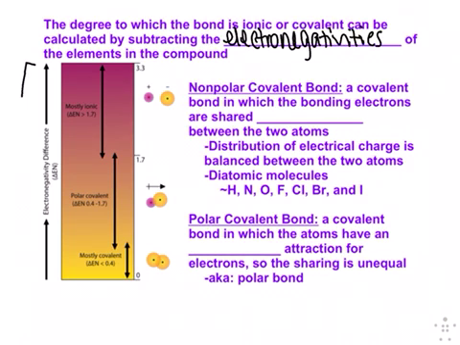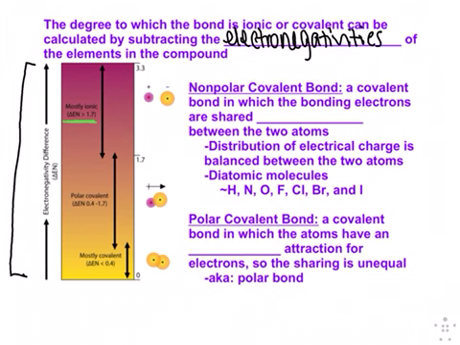This chart along here gives you the ranges of the different bonds. There are three types of bonds that we can have. You can have mostly ionic bonds, which give a difference in electronegativities of 1.7 or greater.